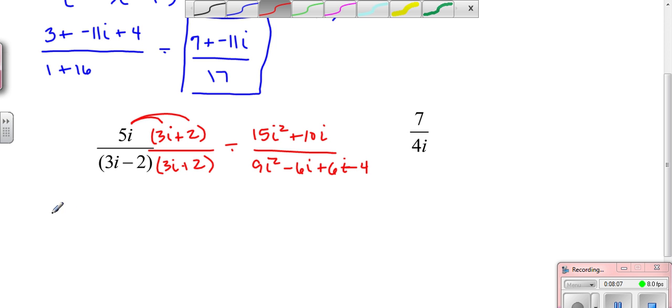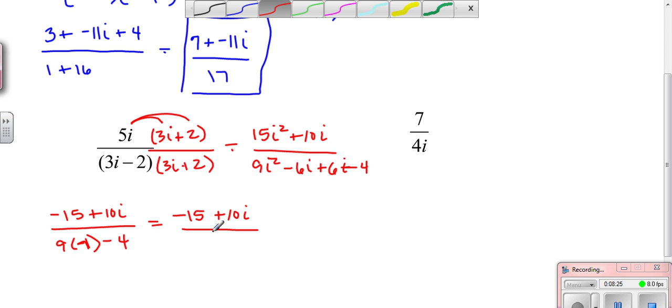So in the numerator I have negative 15 plus 10i all over 9 times minus 1 minus 4. Clean things up, negative 15 plus 10i all over negative 9 minus 4 is negative 13. There are no common factors between 10, 15, and 13, so I'm done.